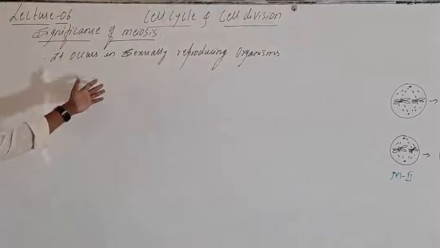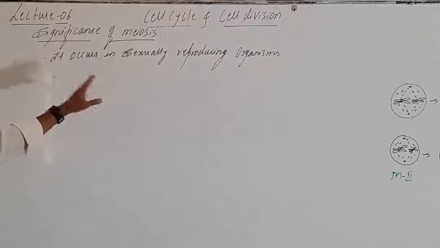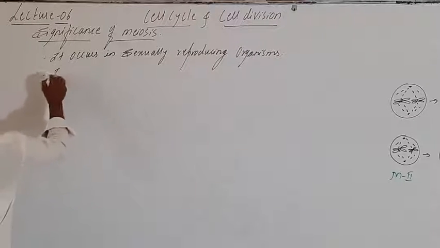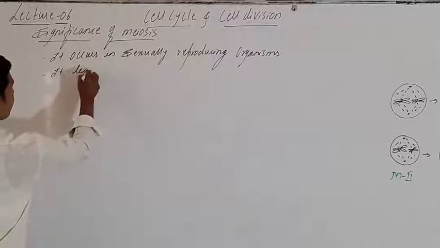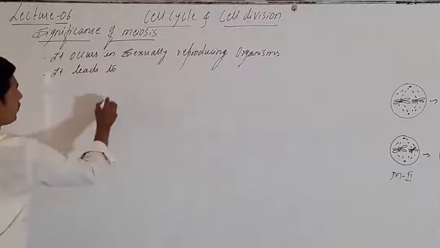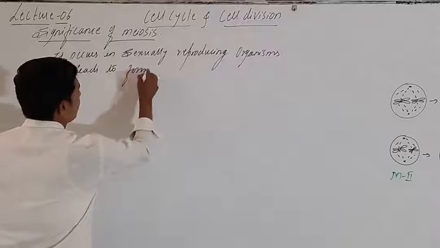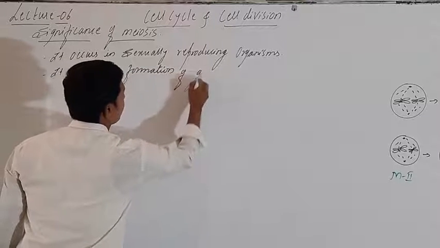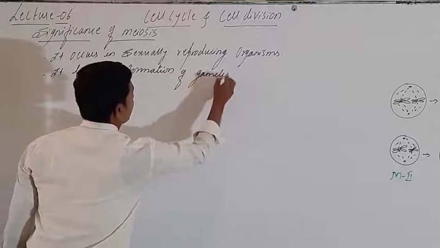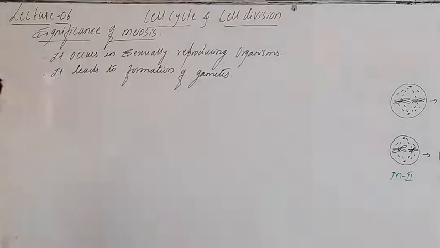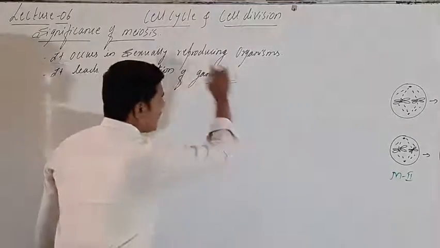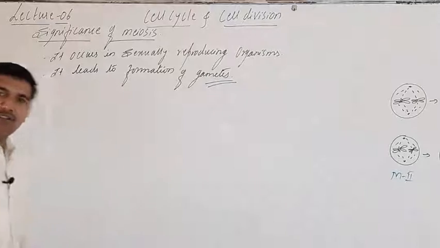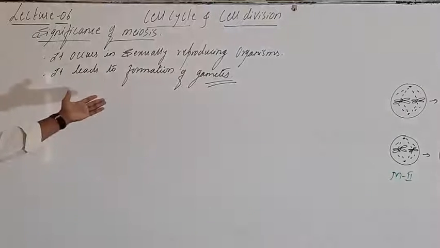Okay, so this is the character. Then it leads to formation of gametes. So finally what are formed? Gametes are formed. Then by this it brings about a genetic recombination.